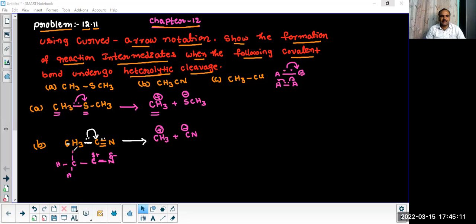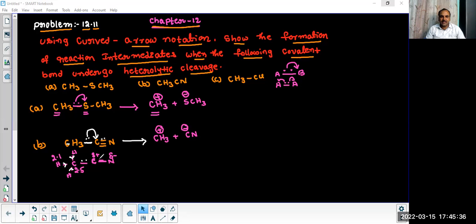This is bonded with the hydrogen. The carbon electronegativity is 2.5 and the hydrogen electronegativity is 2.1. So the electrons will be shifted towards this carbon atom. So that's why the bond is cleaved here.